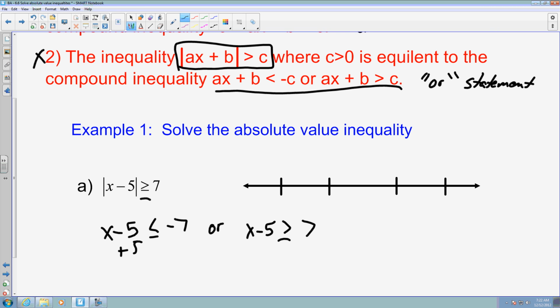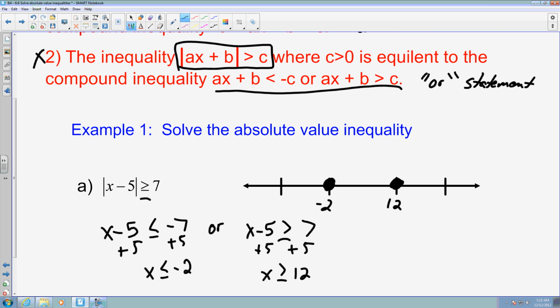I'm going to add 5 to both sides, which gives me x is less than or equal to negative 2. I'm going to add 5 to both sides, which gives me x is greater than or equal to 12. And so I have negative 2 here, I have 12 here. They're both going to be closed circles because they have the equal to attached to them.